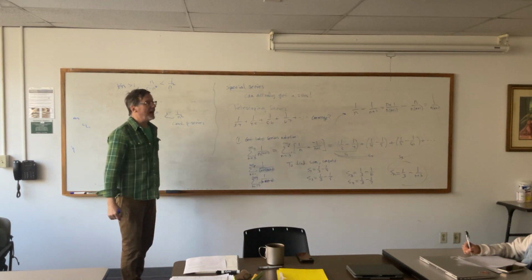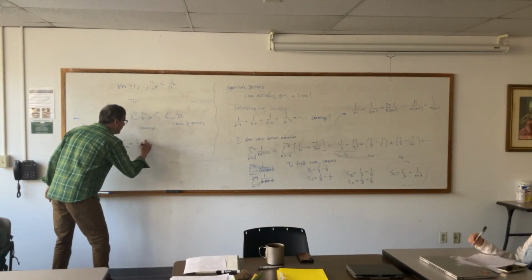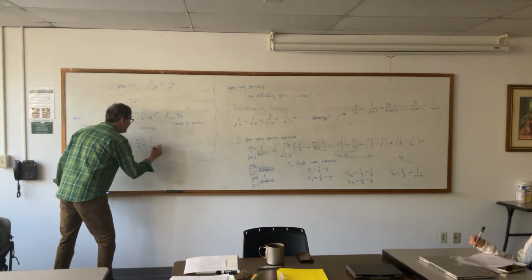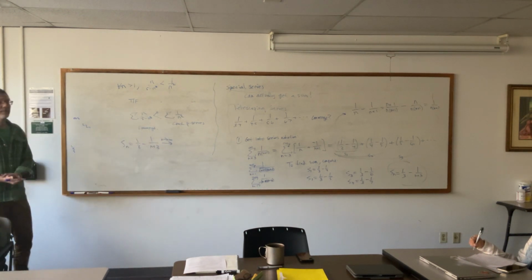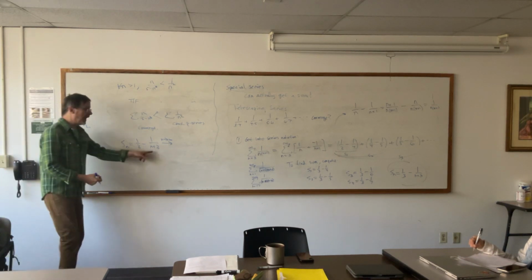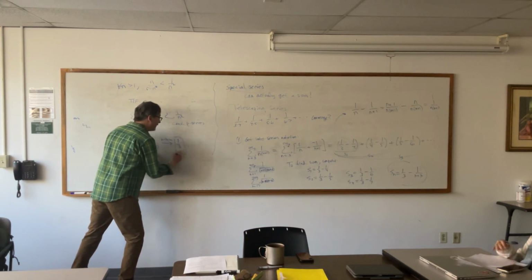What is the limit on that as n goes to infinity? Let's write it up over here. So S sub n is 1/3 minus 1/(n plus 3). Where does that go as n goes to infinity? 1/3, because this dies, right? Goes to 1/3, and that's the sum.